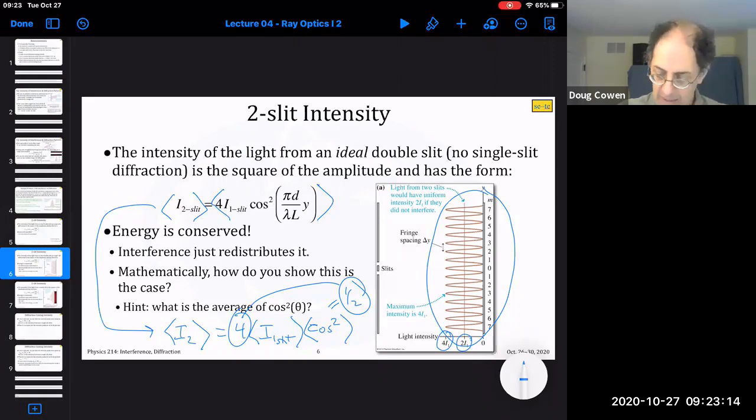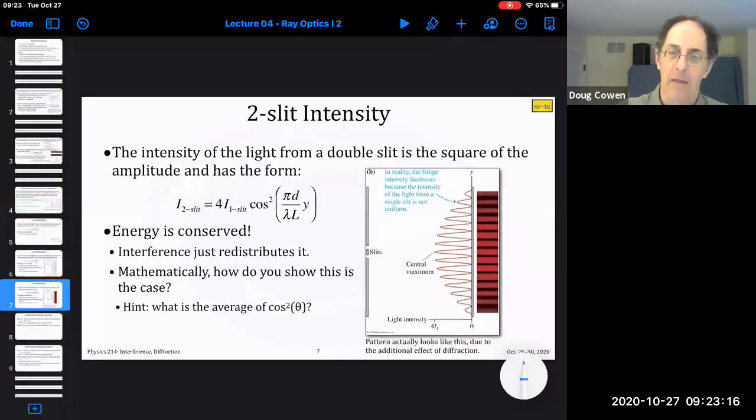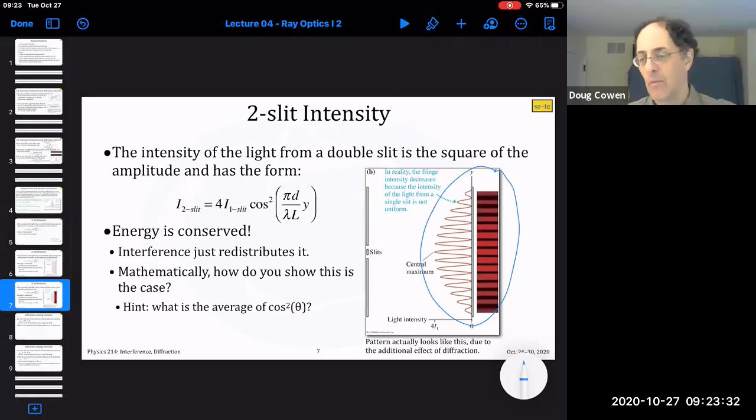If we include diffractive effects on top of that, then just showing the interference fringes that are inside the central maximum of the diffraction pattern, we would see something that looks like this. So you still have the energy redistributed, but now the energy is redistributed over an even wider range.